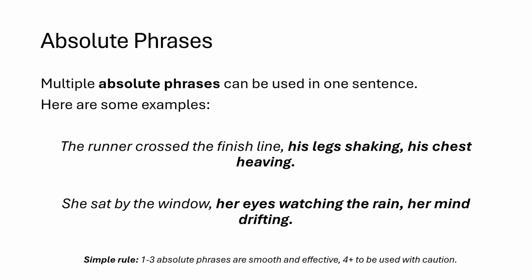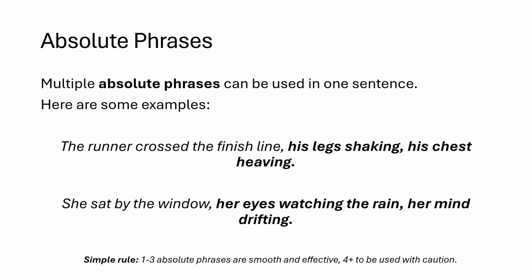A sentence can have more than two absolute phrases. It is grammatically correct. It isn't about correctness, it's about clarity and readability. They can be stacked. Consider the first example. The runner crossed the finish line, his legs trembling, his breath ragged, sweat dripping off his face.